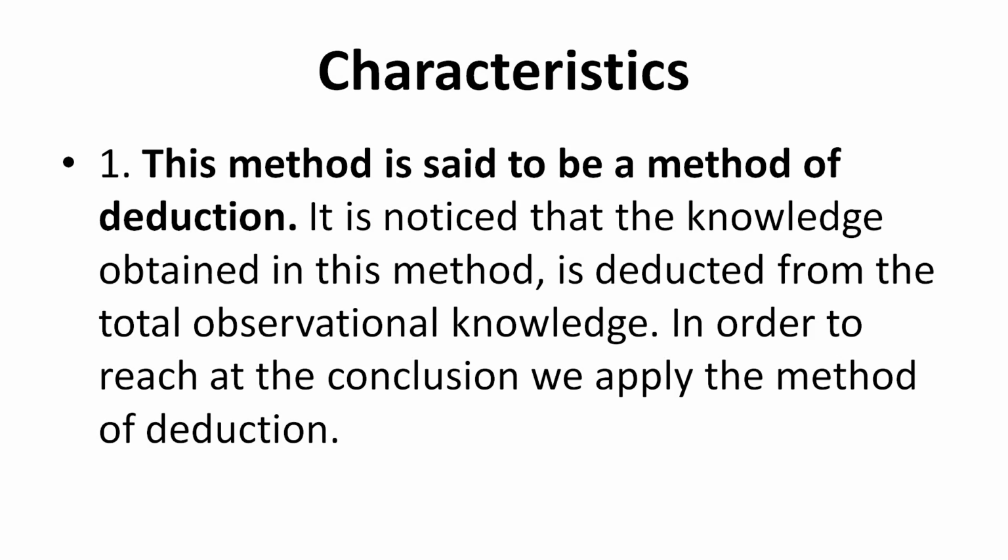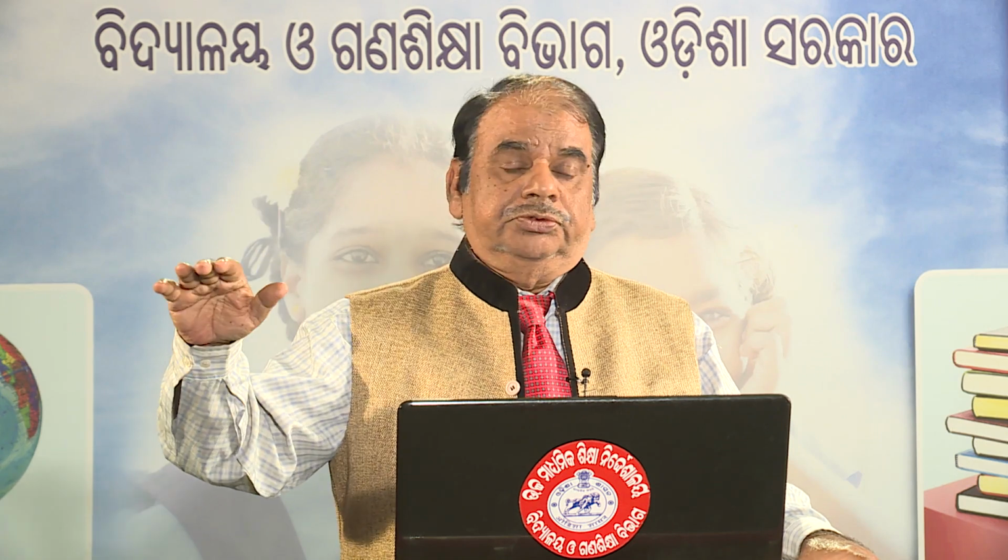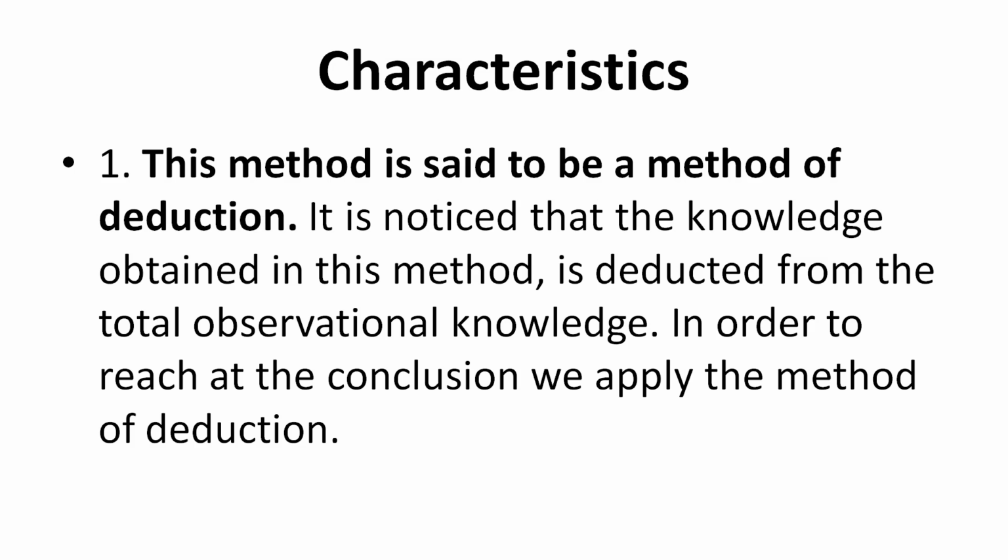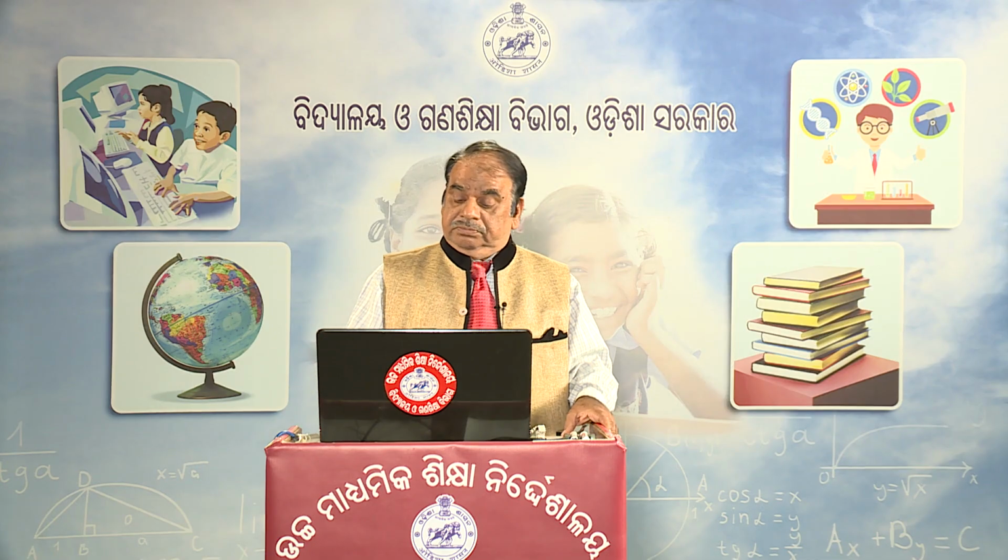So, coming to the characteristics of this method, it can be considered a method of deduction. It is a mathematical way: you deduce, you subtract. It is noticed that the knowledge obtained in this method is deducted from the total observational knowledge. In order to reach the conclusion, we apply the method of deduction.